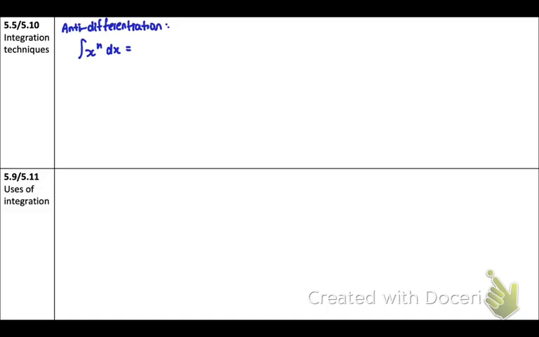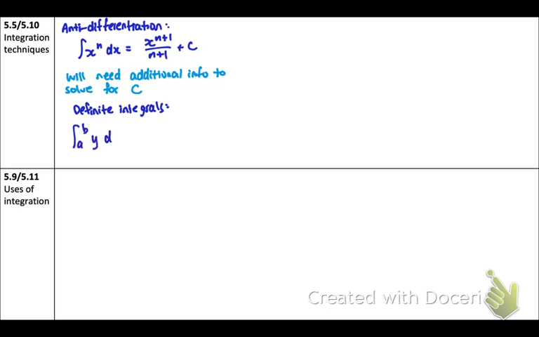So this one tells us if I want to take the integral of x to the power of n, I first add 1 to the exponent and then divide by the number that I just wrote down. If we're looking at an indefinite integral, don't forget your constant of integration. And of course, you'll need some additional information if you're asked to solve for c and find that specific function.